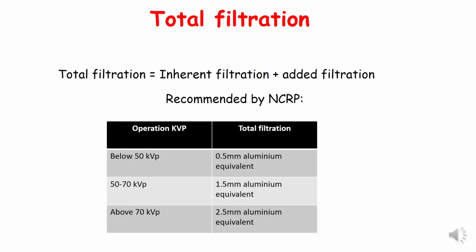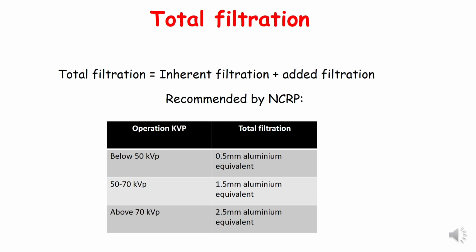Next, we will see the total filtration in a diagnostic X-ray system. So the total filtration will be the sum of inherent filtration and added filtration. Here, the table shows the total filtration that is required according to the National Council for Radiological Protection guidelines.